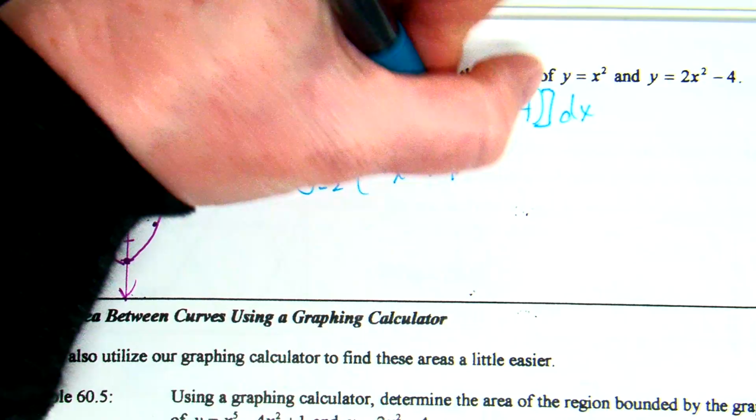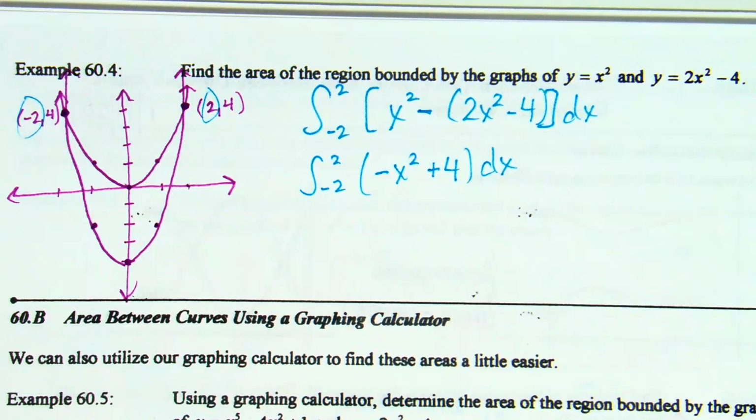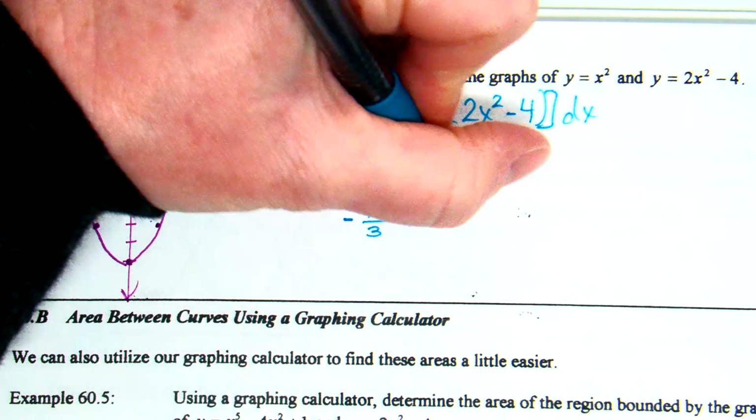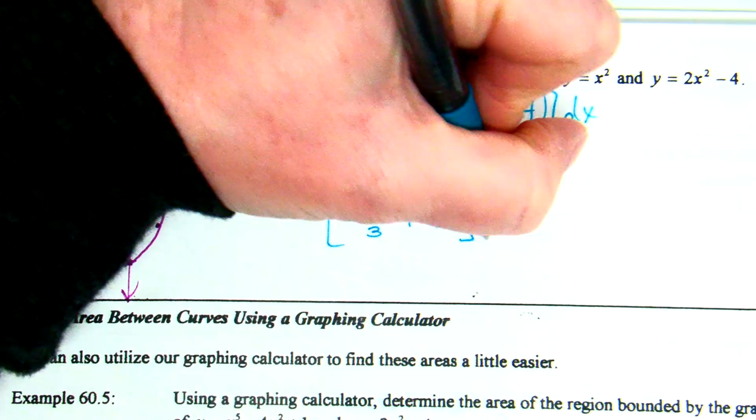So now I've gone from integrating 3 terms to 2 terms. The less the better, always. What's the integral of negative x squared? Negative x cubed over 3 plus integral of 4, 4x. Evaluated from negative 2 to 2.